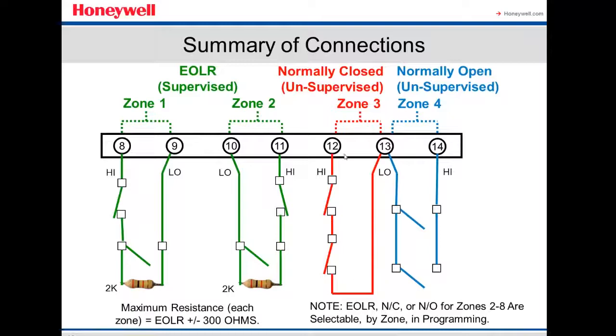So it's very easy for an intruder to breach your zone, for example here from 12 to 13. They just run a cable between them, and for the panel nothing is happening because you've got a cable in between those two terminals.